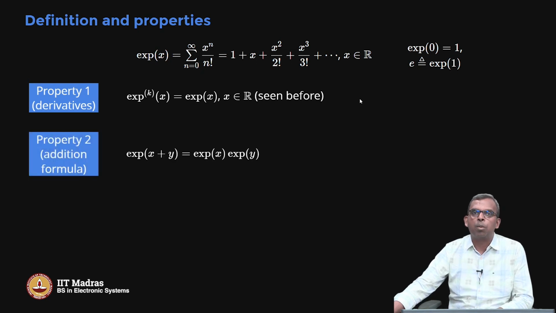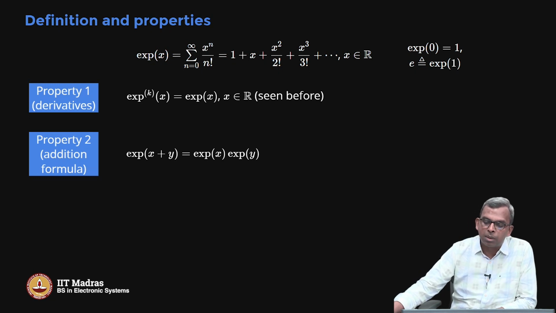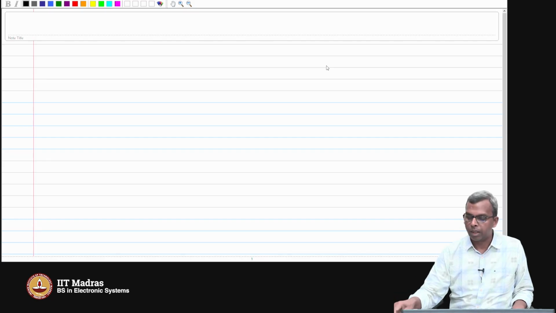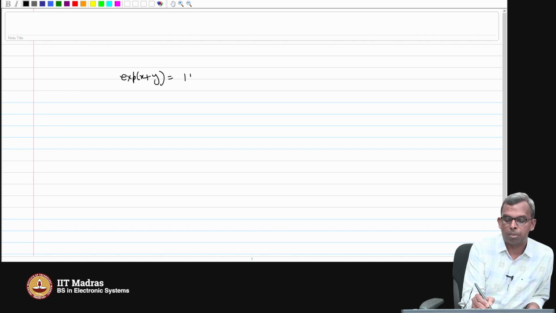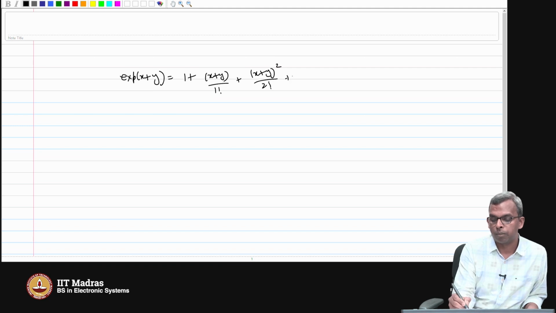Here is the next property, which is very counterintuitive. So this series 1 plus x plus x squared by 2 factorial plus x cubed by 3 factorial, it looks really long, and there are powers involved, x squared, x cubed, etc. If you put x plus y instead of x, as in you do exp of x plus y, that will be 1 plus (x plus y) by 1 factorial, plus (x plus y) whole squared by 2 factorial, plus so on.